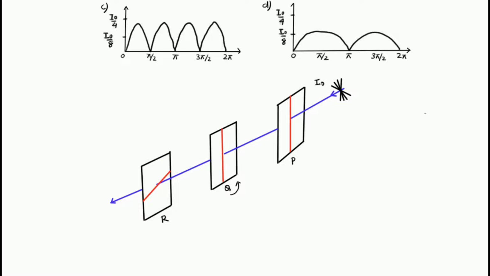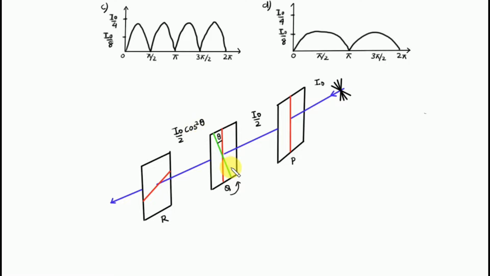Let's say at any later instant of time, the new position of the polarizing direction of Q makes an angle theta with its previous direction, that is the polarizing direction of P. The light of intensity I naught after passing through P will suffer a decrease in intensity to I naught by 2. After passing through Q, it will suffer an intensity decrease as per the relation proposed by Malus, that is I naught by 2 cos square theta.